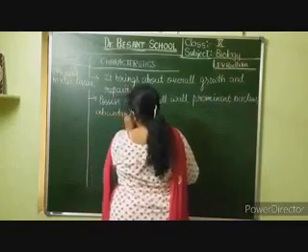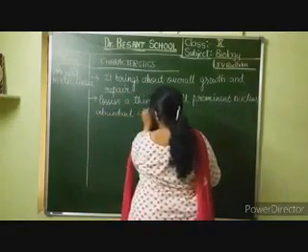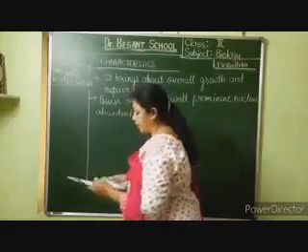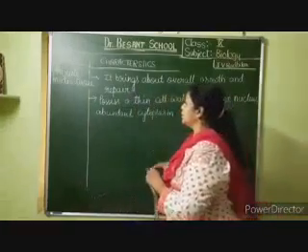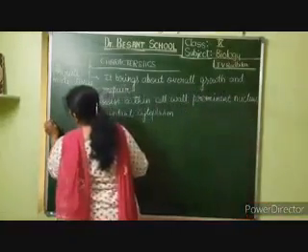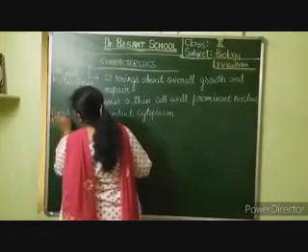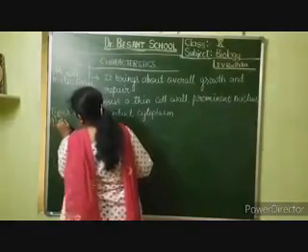Next, we shall study types. Under types we study the first one, that is the apical meristem.